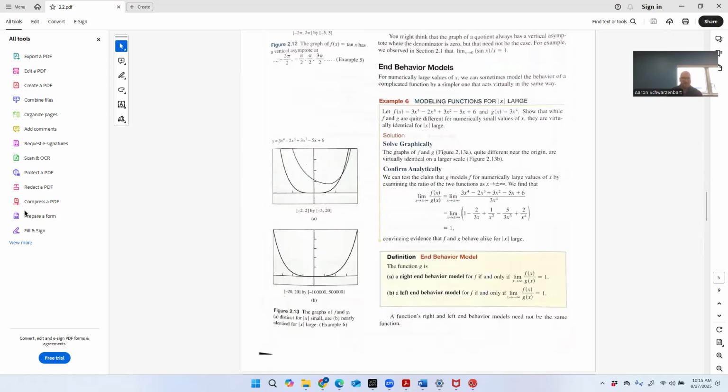So here I've got two functions, and they're going to make a division out of this. I've got f of x and I've got g of x, and they've got f of x over g of x. And it works out to be this.